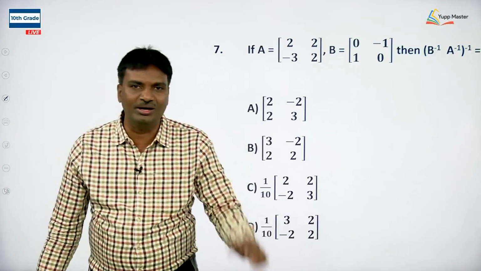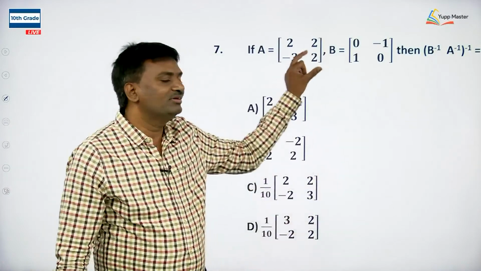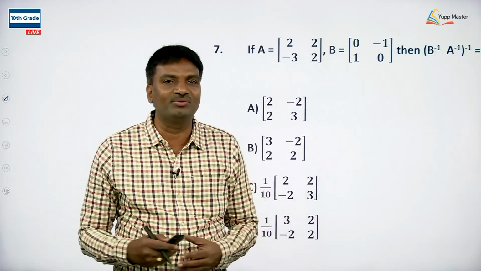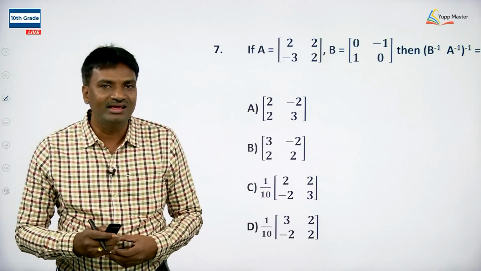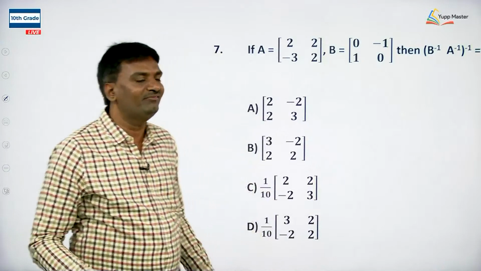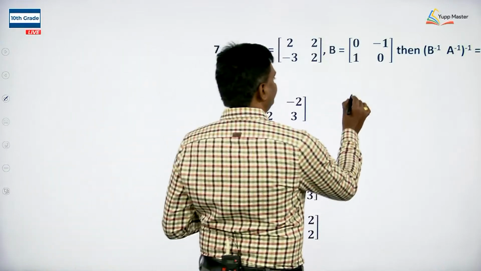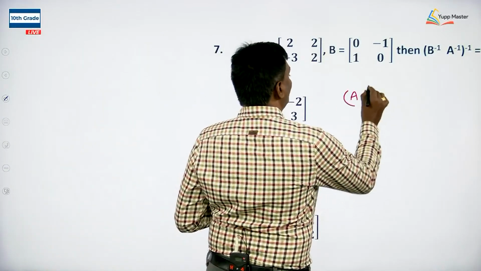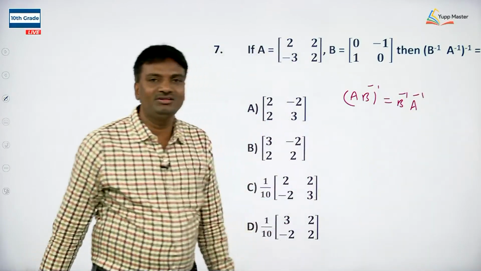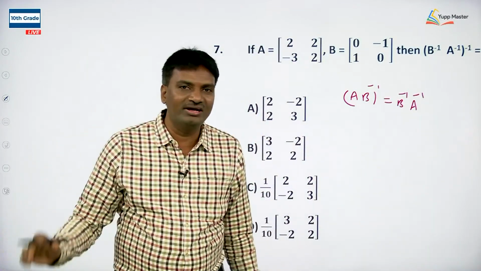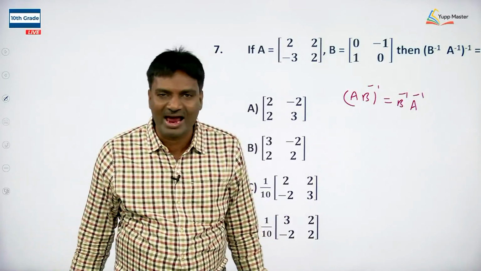But we know the properties of the inverse of a matrix. According to these properties, one property is that AB whole inverse equals B inverse into A inverse. We know this property according to the properties of the inverse of a matrix.